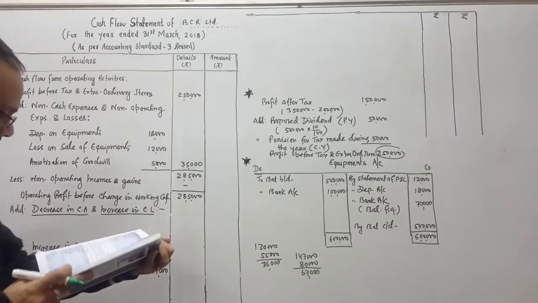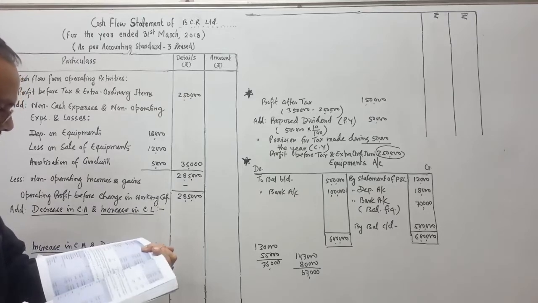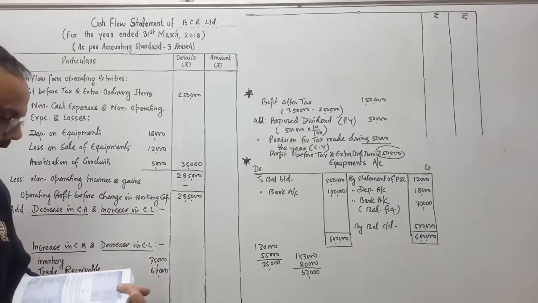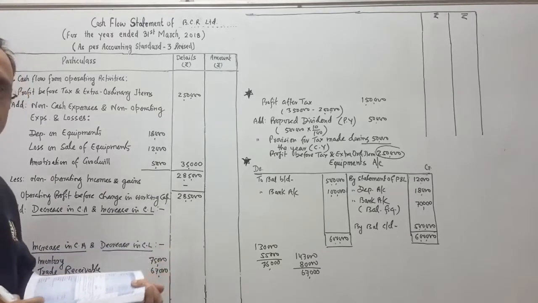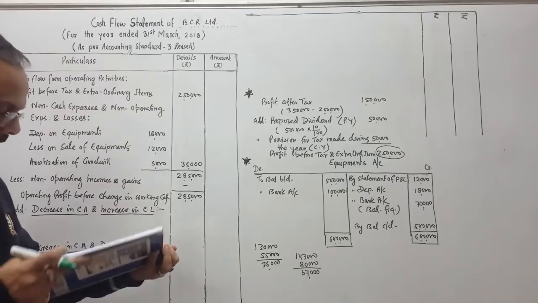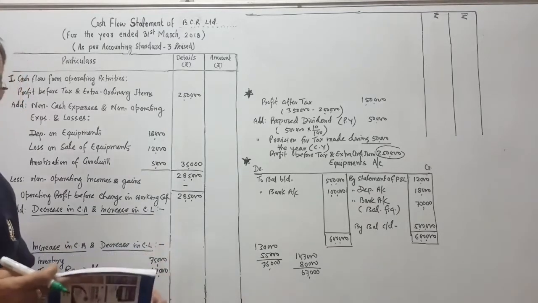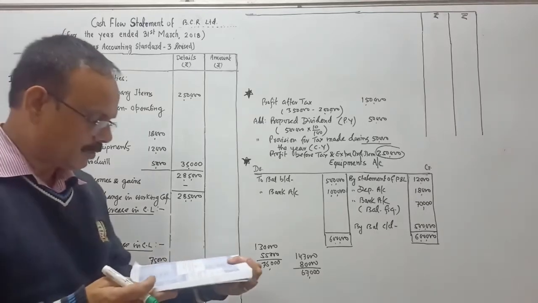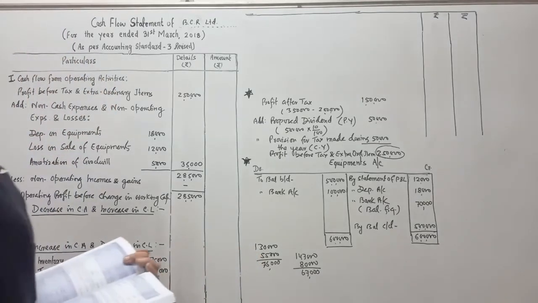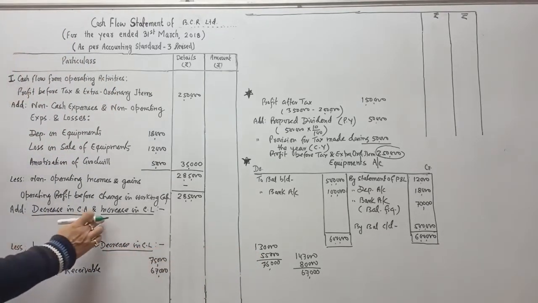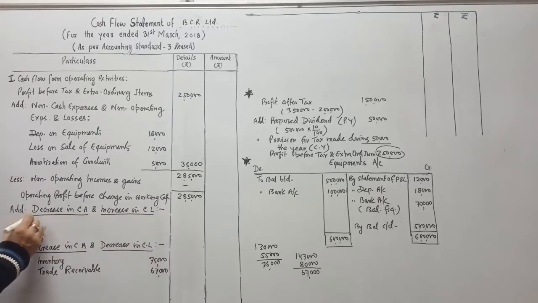Next you come to the current liability. In the equity and liability side, the third one is the current liability, trade payable. Last year it was 1,05,000 and this year it is 1,22,000. So current liability is increased, and increase in current liability will be added.